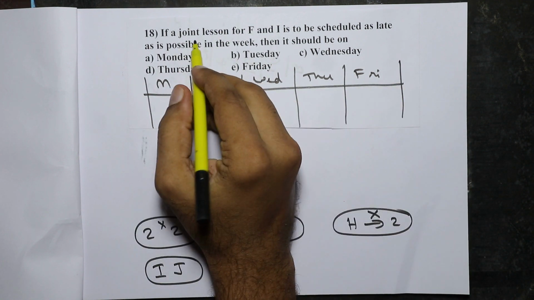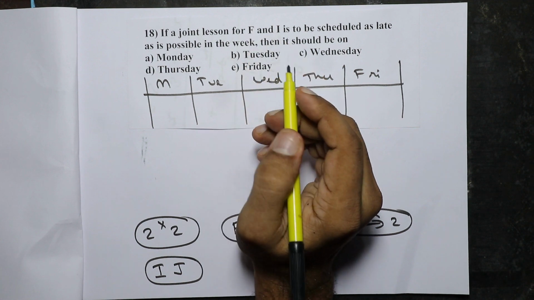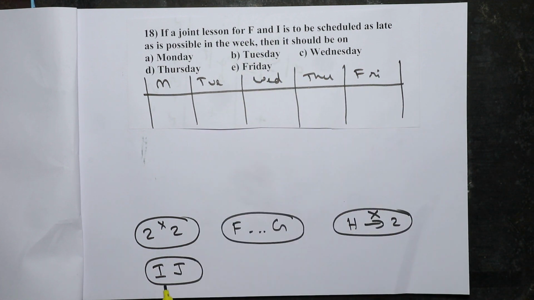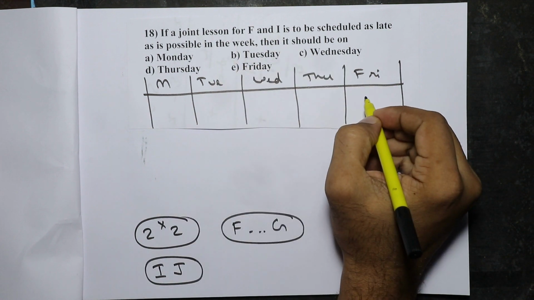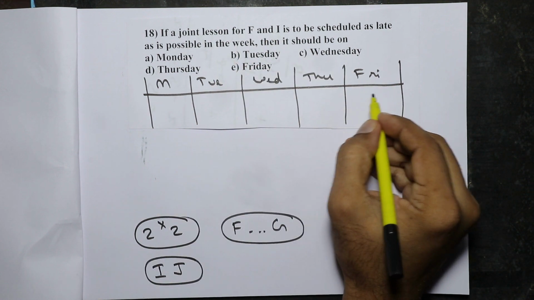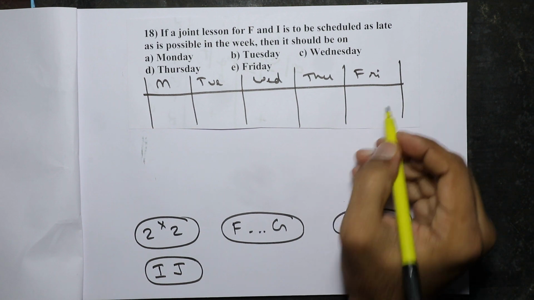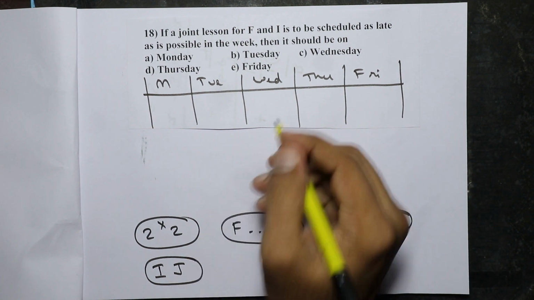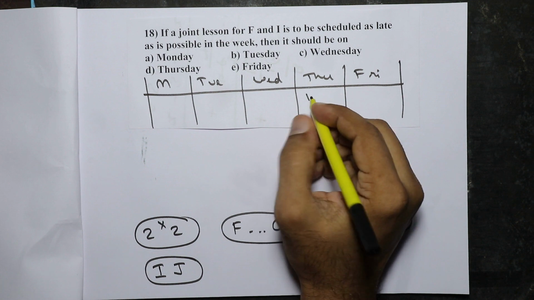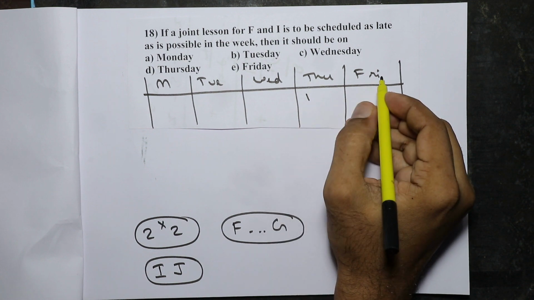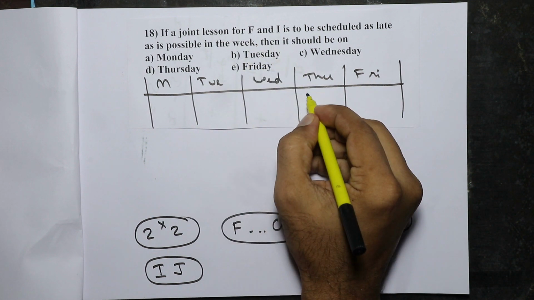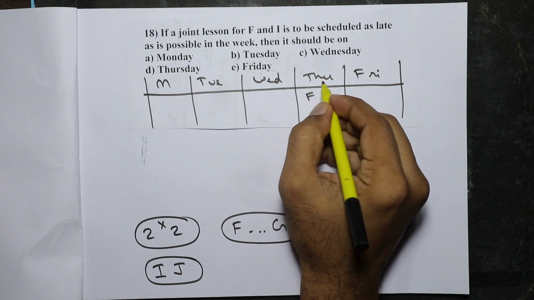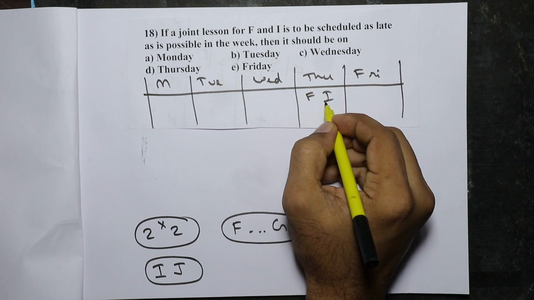So there is a joint lesson for F and I. Now after I there should be J. So obviously it cannot be F and I here because J should be after I and there is no space for J. Friday is not possible. So let us try if F and I can have a joint lesson on Thursday.